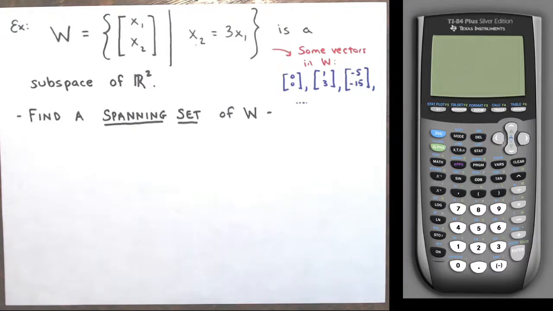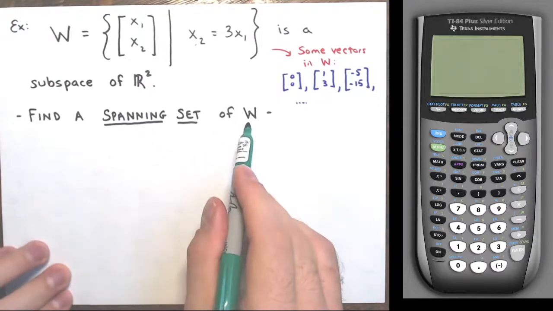All right. So the question is, can you find what's called a spanning set of W?